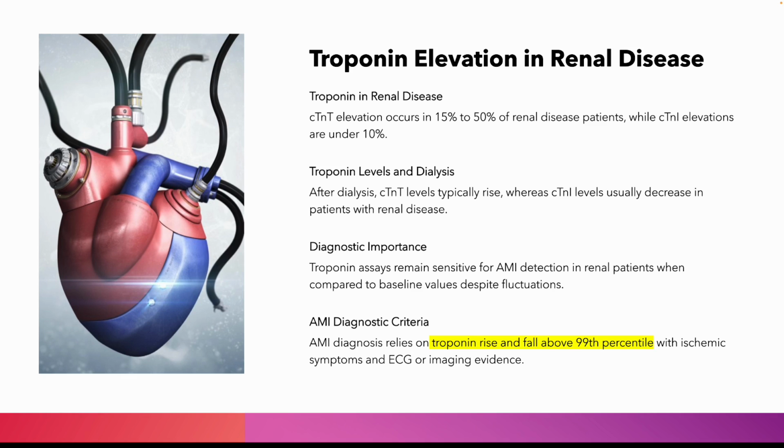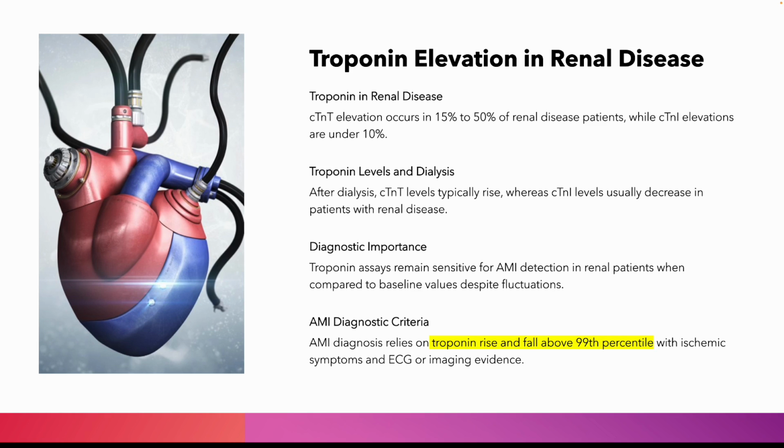Now, in this case, in these patients, you must have baseline investigations. Even though at baseline they have high levels of cardiac troponin, on serial measurement, if you see an elevation after the baseline, that could indicate an ongoing acute myocardial infarction.